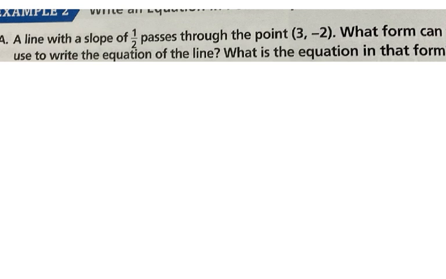I'm given the slope, which is m, and I'm given a point, 3, -2. So I know the slope and the point. What form do you think would be good here for this point and this slope? That's a great form.